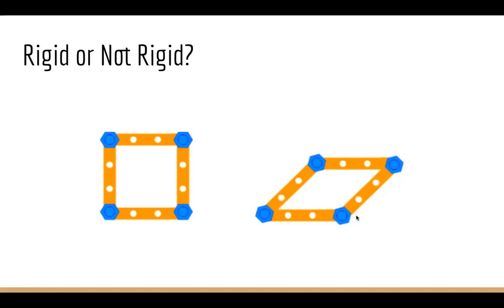It looks like a rhombus. Do you think a square and a rhombus are the same? Not really. The shapes change. Even though the sides look the same, the shape changes. If you look at this angle, it's more than 90 degrees. In here, all four angles are 90 degrees. So this is not a rigid motion.